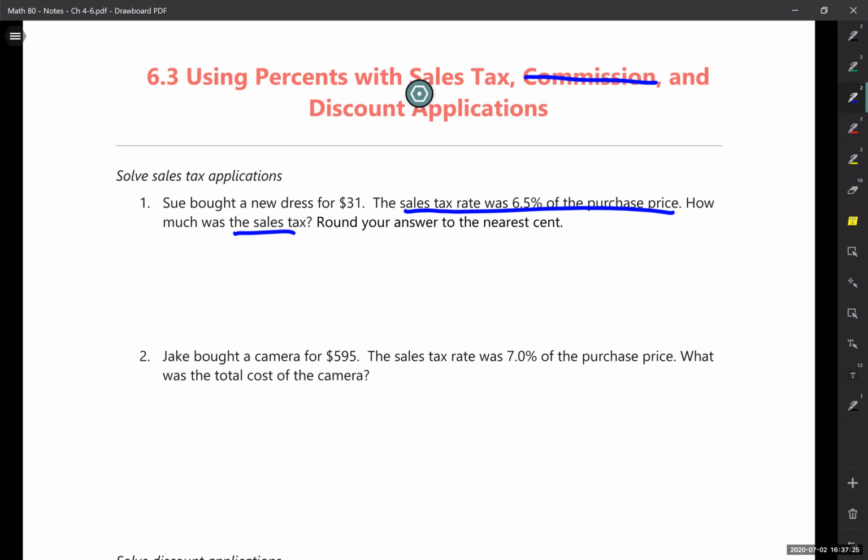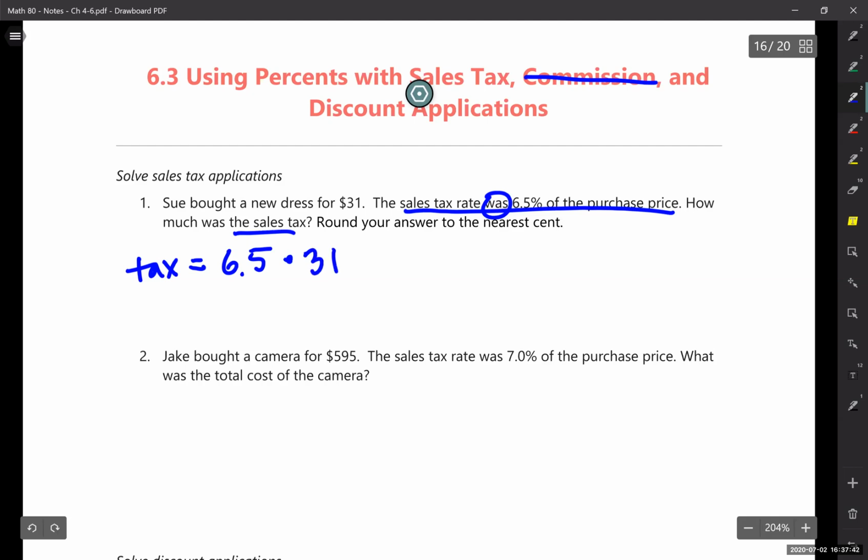So it tells us that the tax was, or that's our verb, was or is, 6.5% of, times $31. Now you could do this as an is over of problem, but with tax and discount, we're just going to be multiplying.